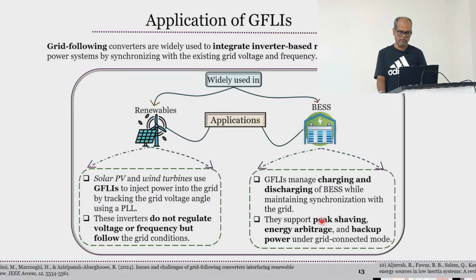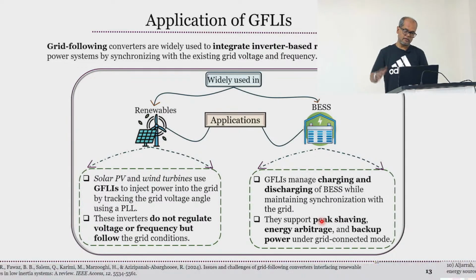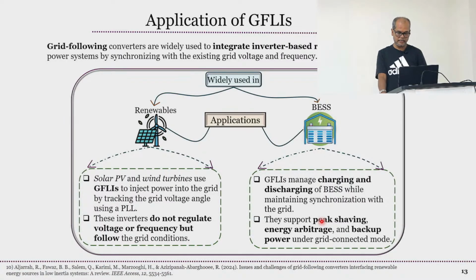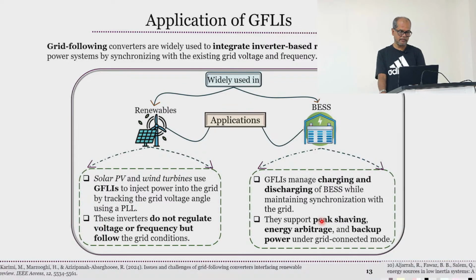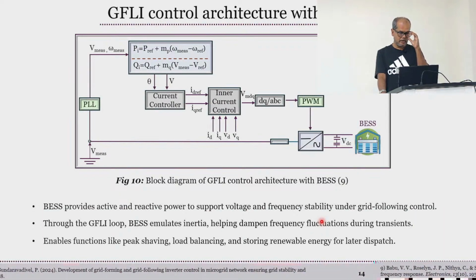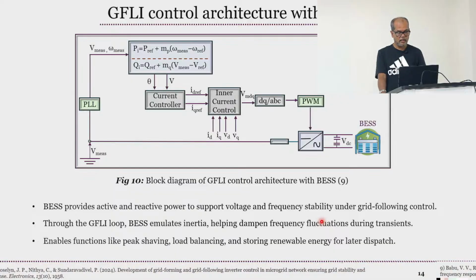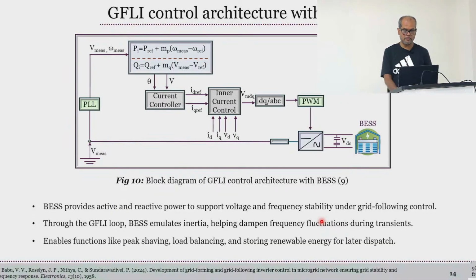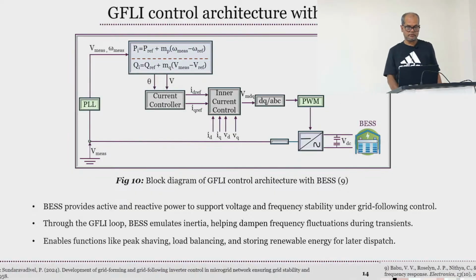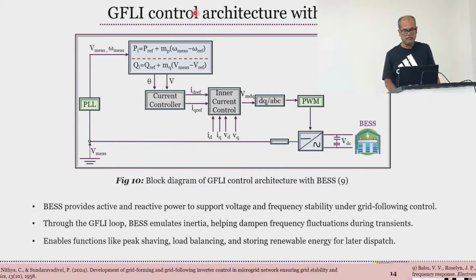If you have either energy deficiency or surplus energy, then charging and discharging. So that's how they support the grid. So if you use a battery, this is one of the ways you can use that GFL with your inverter.